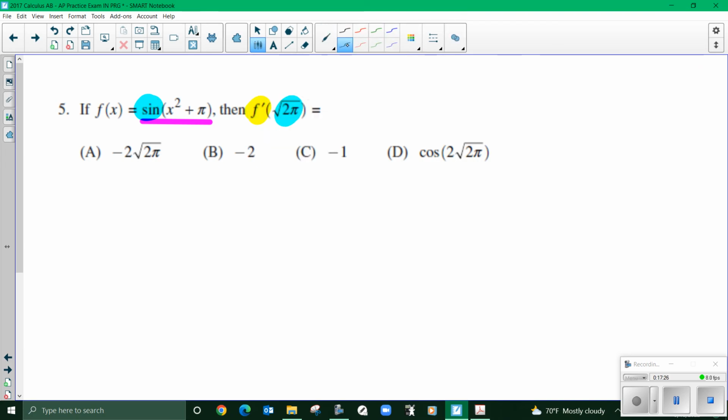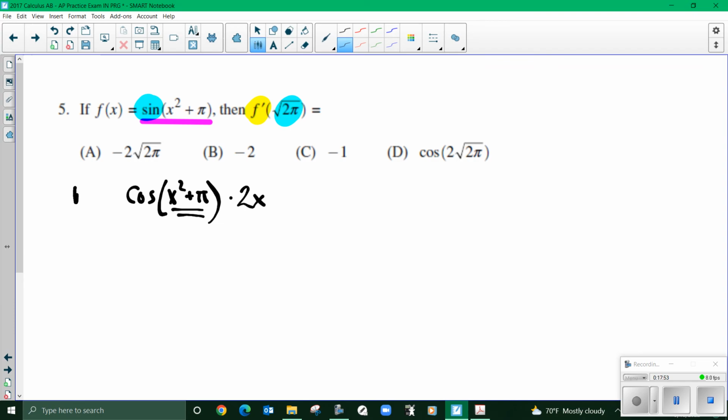I take the derivative of the sine, and what's inside the parentheses will stay the same. Your rules for trigonometry. The derivative of sine is cosine. What's in parentheses stays the same. Now I multiply times the derivative of the inside. Forget about cosine, just the derivative of this. The derivative of x squared is 2x, and pi is a constant, so the derivative of pi would be 0.